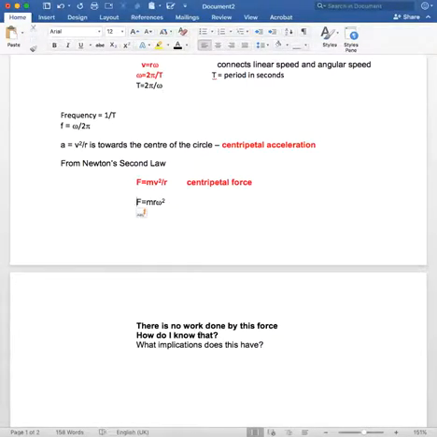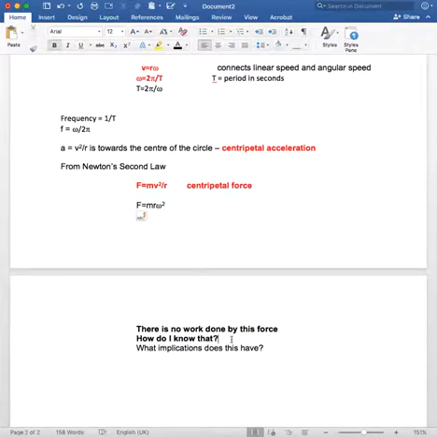There's no work done by the force. How do I know? And what implications does this have? How do you see this working in the real world? What would happen maybe if it wasn't true? So stop the video, think about that, and then start the video again.